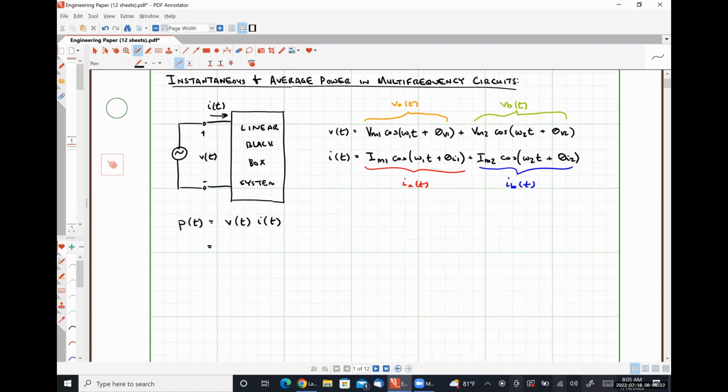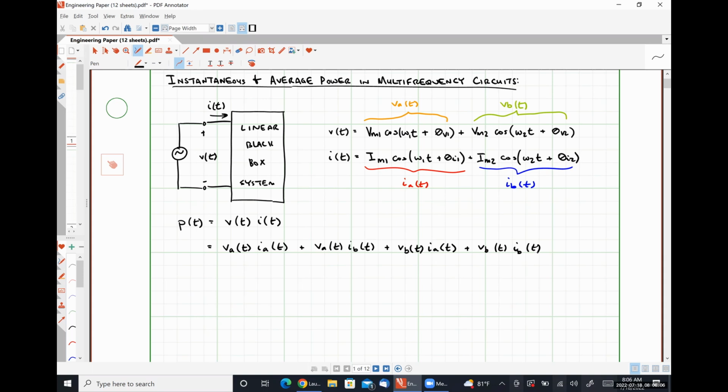And I can break this down and say that this is going to be VA of t times IA of t plus VA of t times IB of t plus VB of t times IA of t plus VB of t times IB of t.